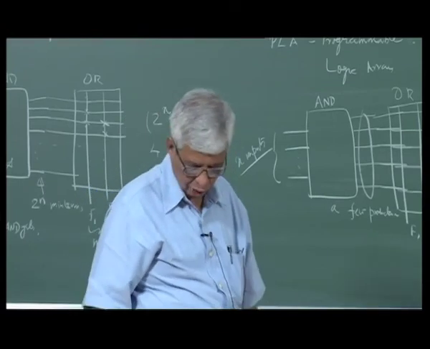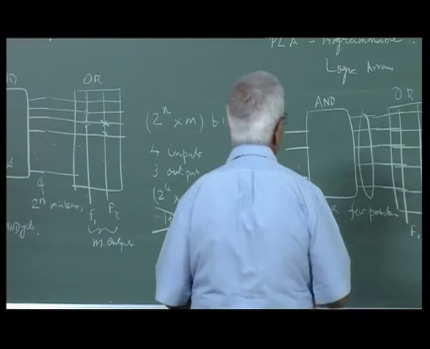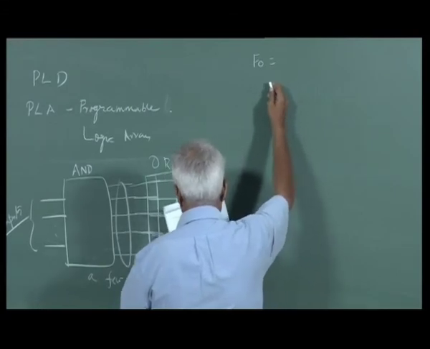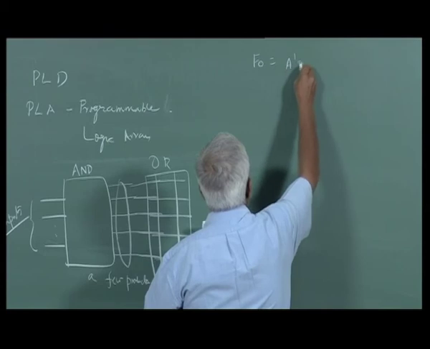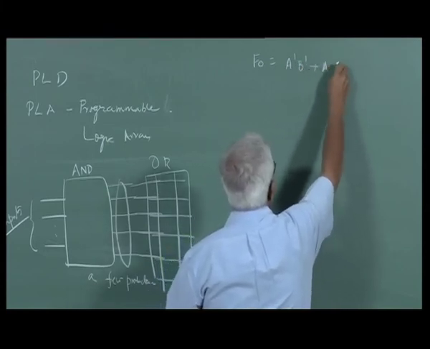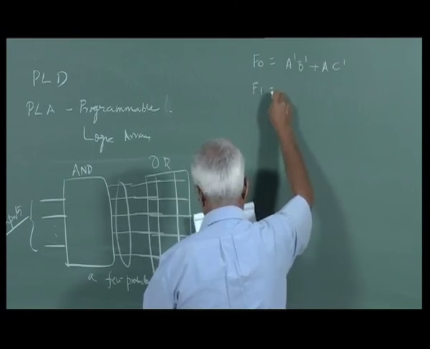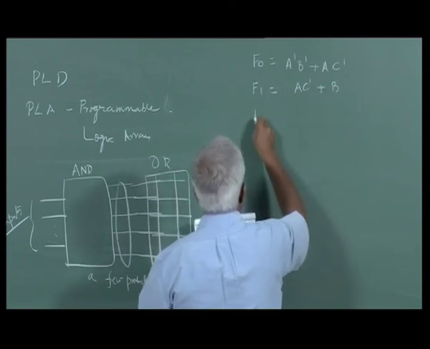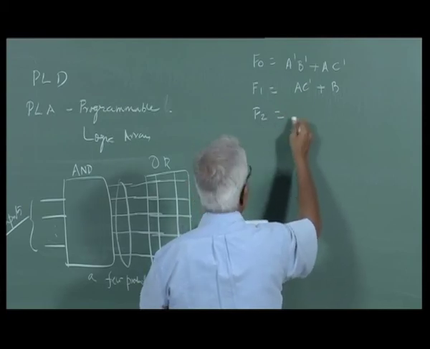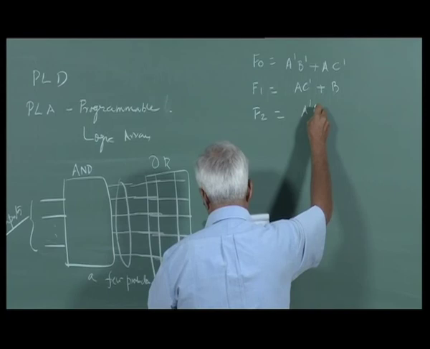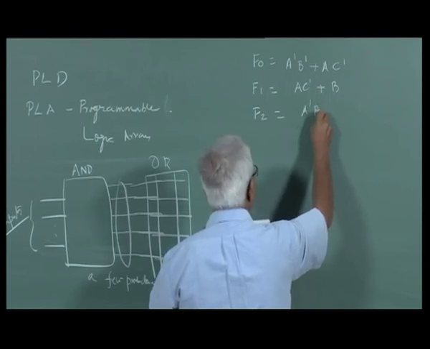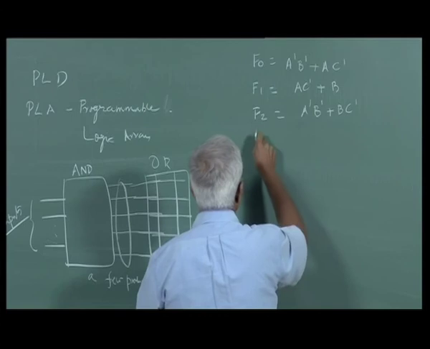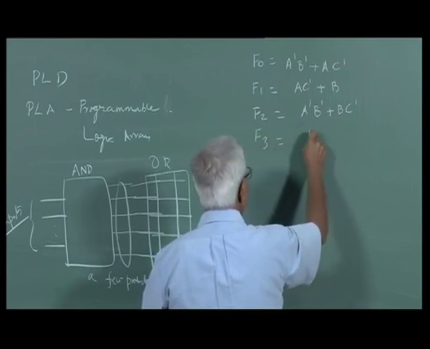Suppose I have 4 functions. f0 is a bar b bar c bar plus a bar b bar plus a c bar. f1 is a c bar b. f2 is a bar b, a bar b bar, b c bar. f3 would be b plus ac.